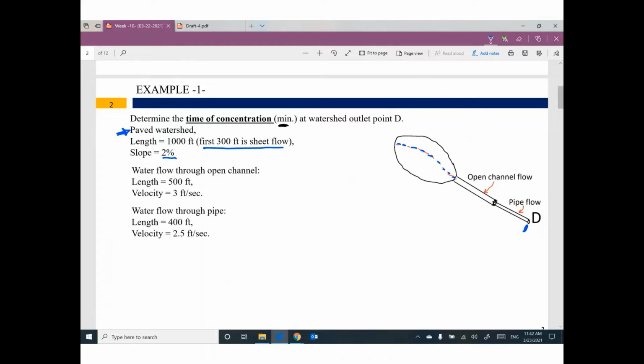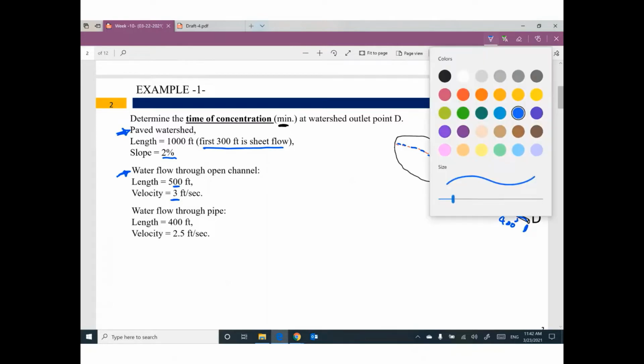The second step, water flows through an open channel with length 500 feet and velocity 3 feet per second. Then it flows through a pipe for 400 feet and the velocity is 2.5 feet per second.